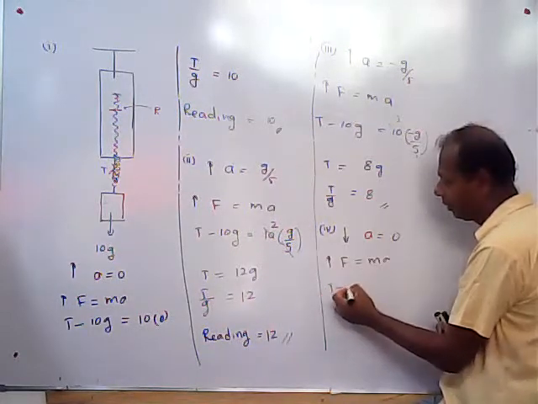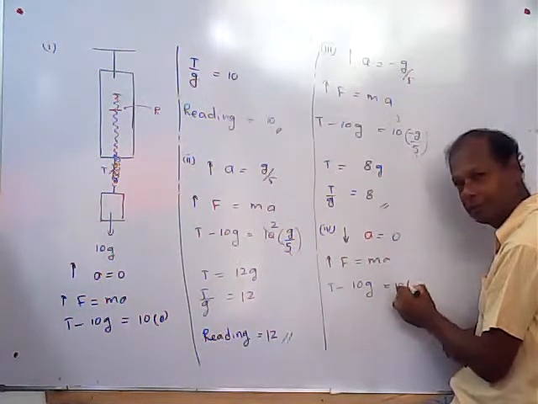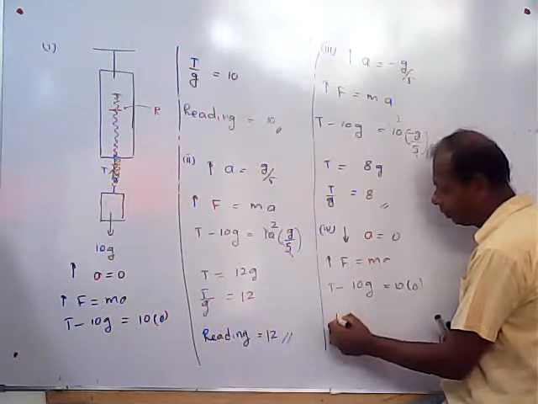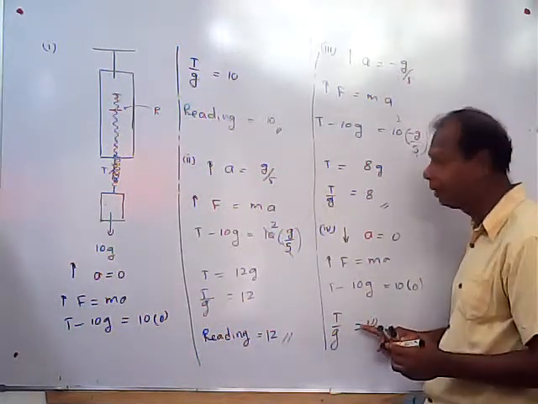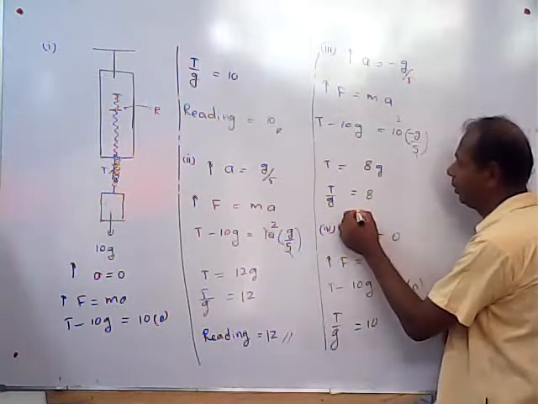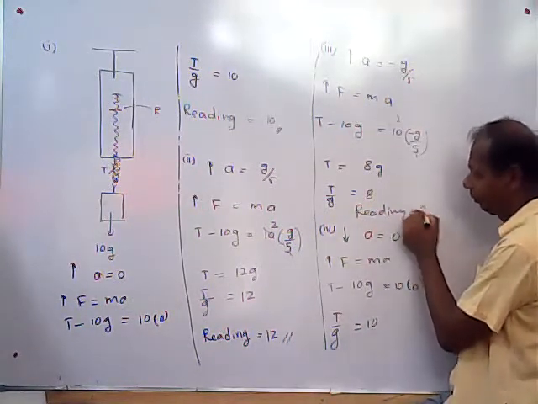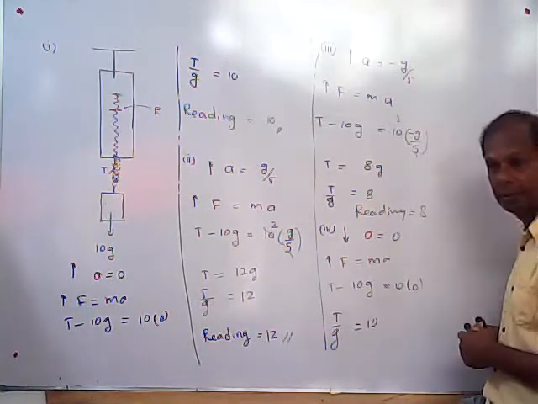So it will be T minus 10g equals 10 times acceleration, which is 0, whether upwards or downwards. This time T over g is equal to 10. So again you get the reading as 10.